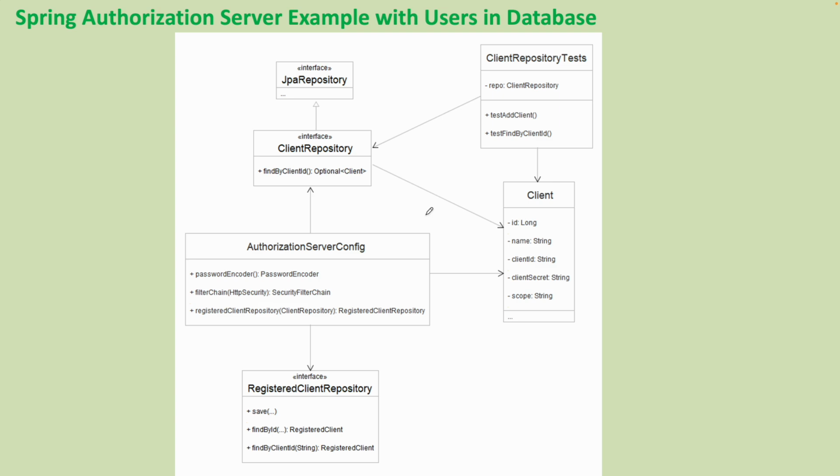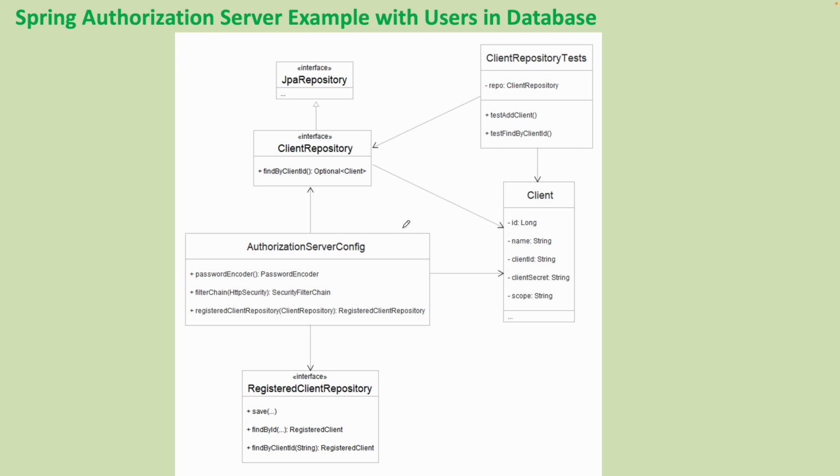And next, we need to code the data access layer to work with the client credentials in the database. We need to code the client entity class that represents client details such as ID, name, client ID, client secret, scope.